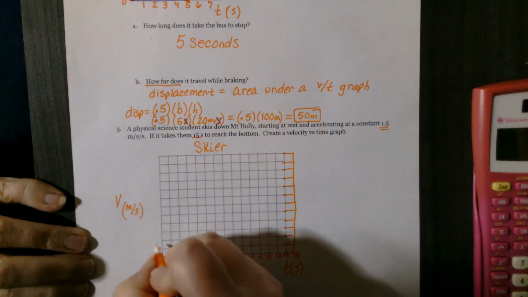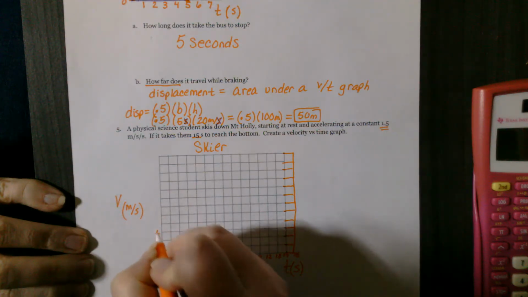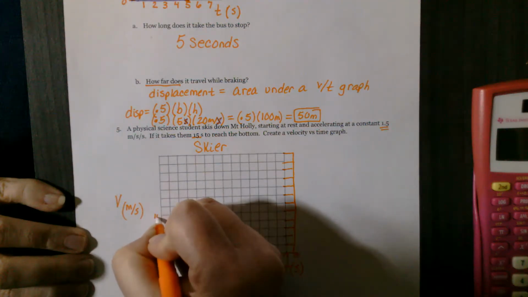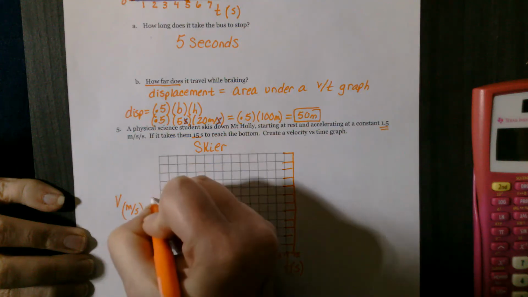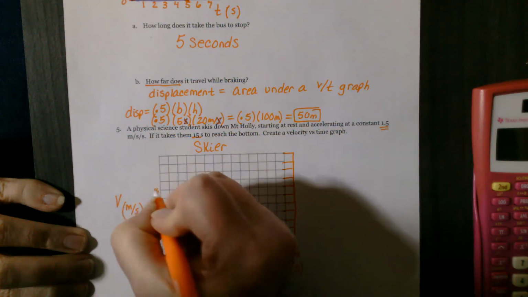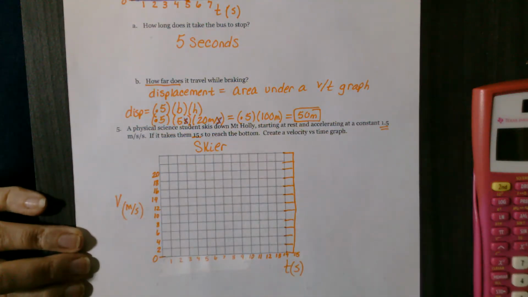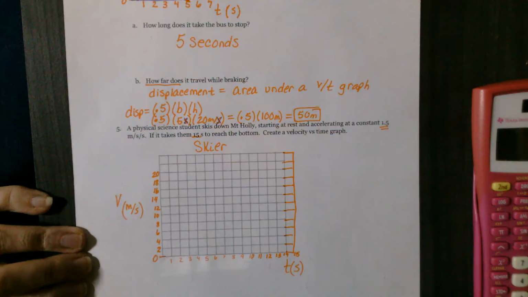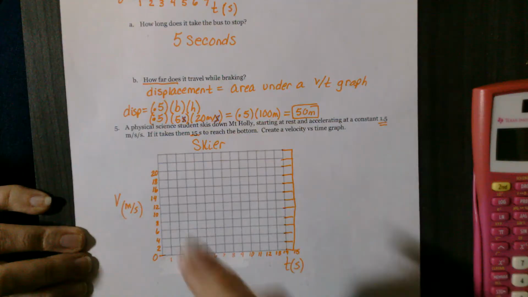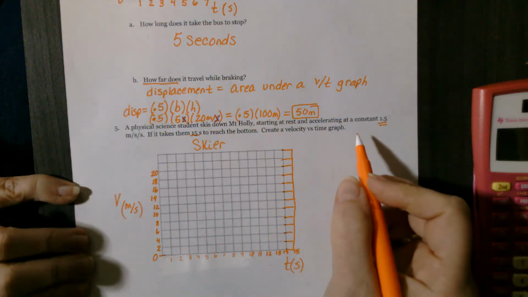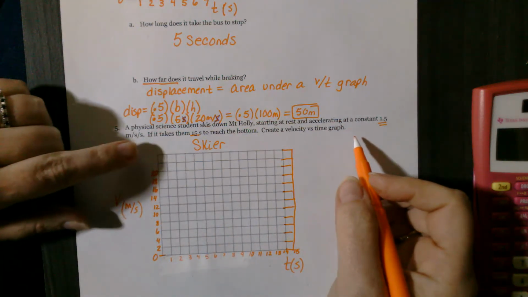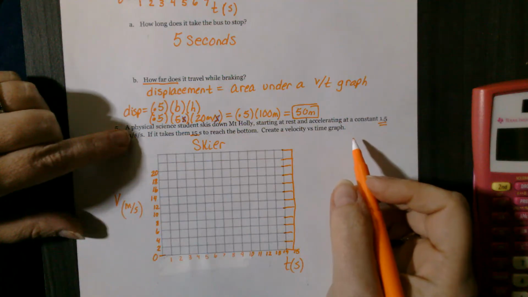So let's go 2, 4, 6, 8, 10, 12, 14, 16, 18, 20 meters per second. Okay, so at 1.5 meters per second, 15 seconds to reach the bottom. Cool.